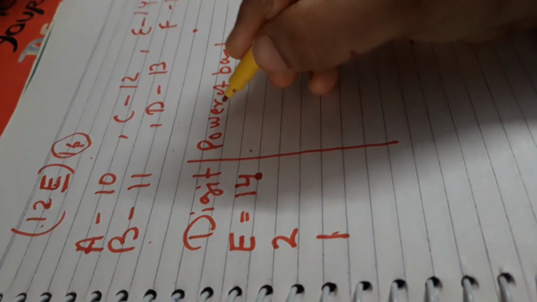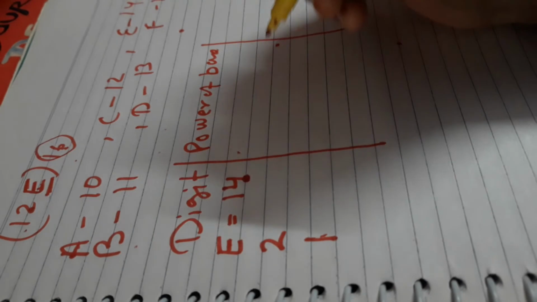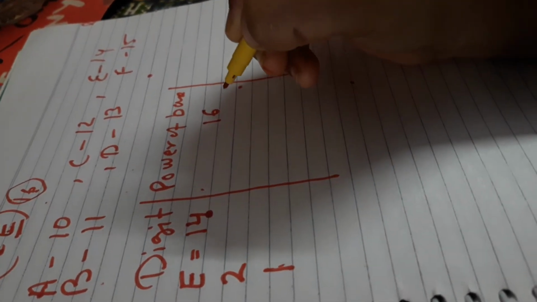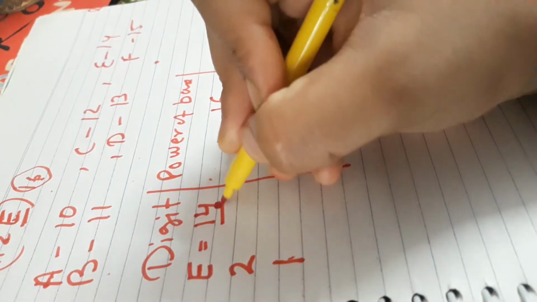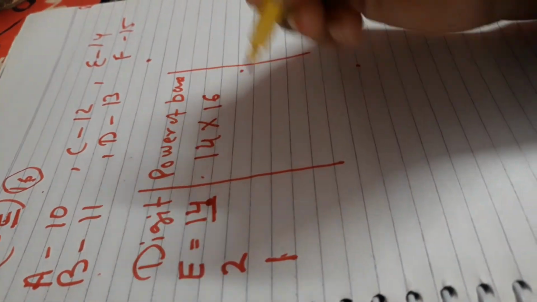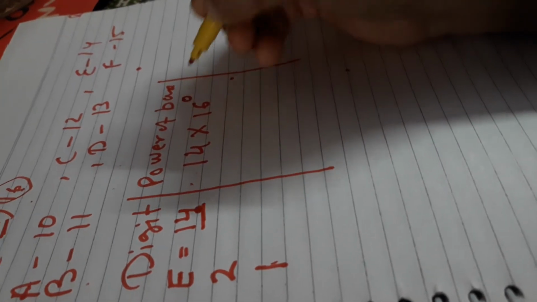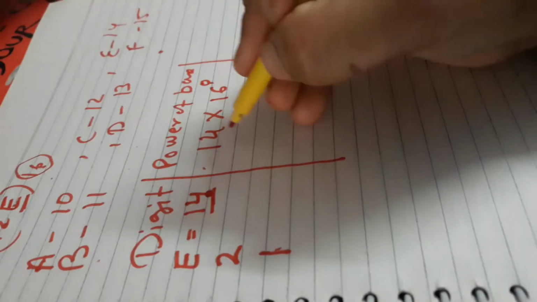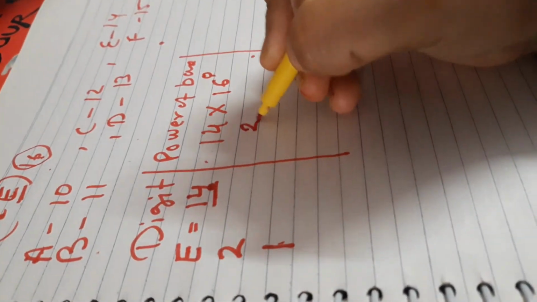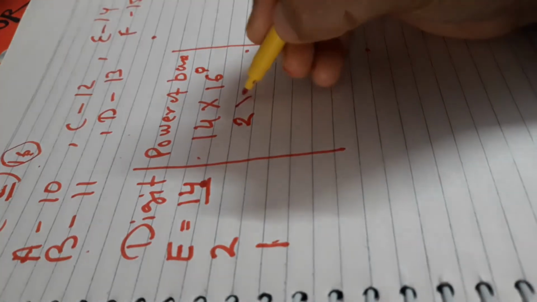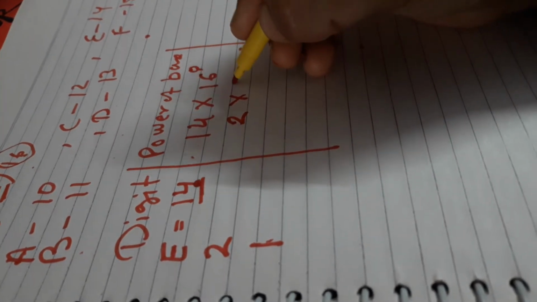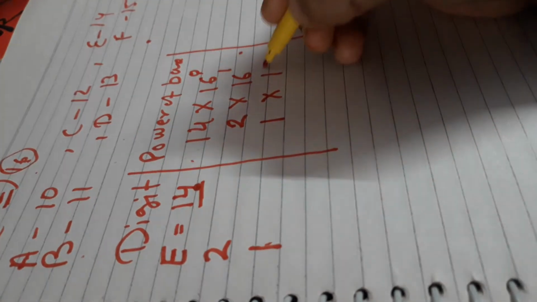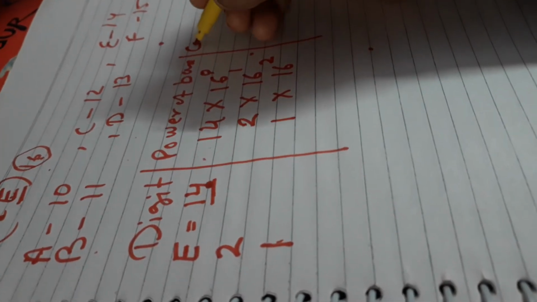The base of hexadecimal number is 16, we all know. First we will write the digit, 14 into 16 power 0. Every base power will start from 0 only. Then we will write 2, as the digit is 2 here, into 16 power 1. Then 1 into 16 power 2.